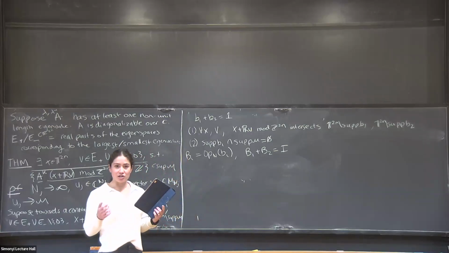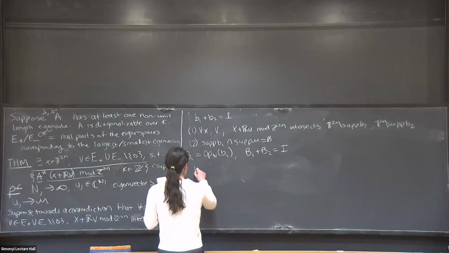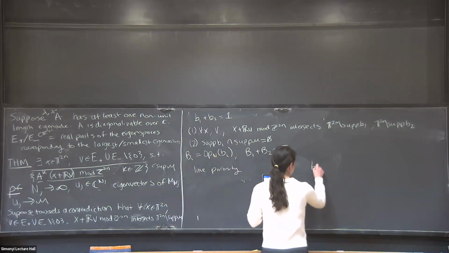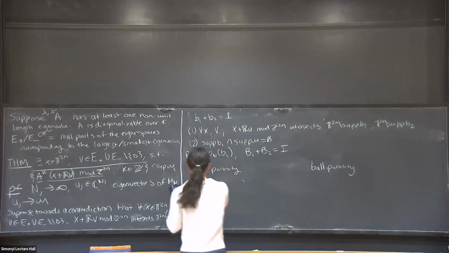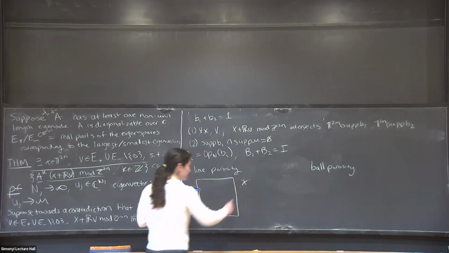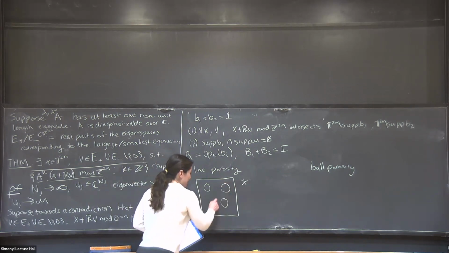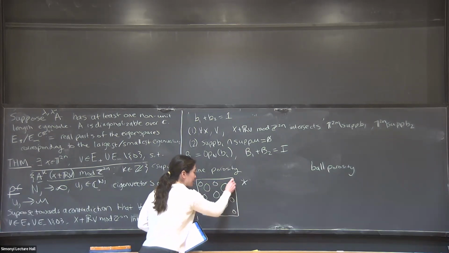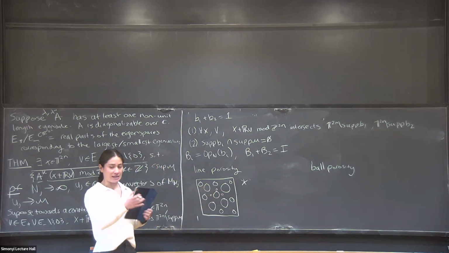The fractal uncertainty principle uses two important definitions called line porosity and ball porosity, which I will demonstrate with pictures. So here I'm going to construct some sort of line porous set X. To construct a porous set, I'm going to take this box and put a bunch of holes in it. All of these holes are things that are no longer contained in my set X. I want to have a couple big holes and a lot of small holes to fill in the gaps.